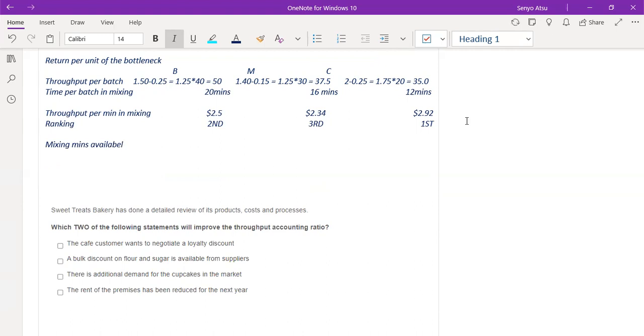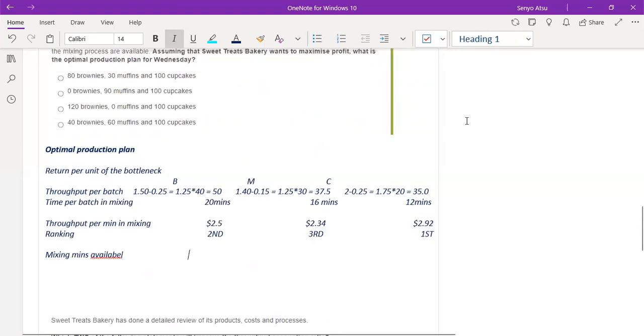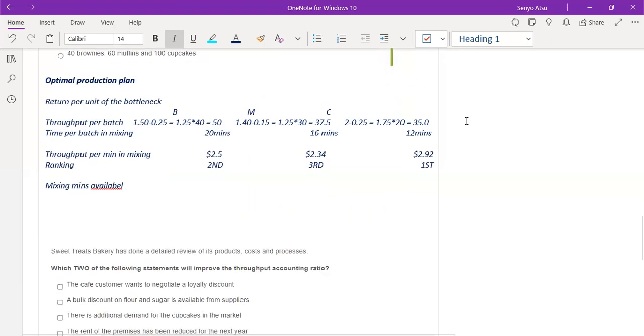Mixing minutes available: 120. We've got to produce cupcakes first, and produce the maximum, followed by brownies, then followed by muffins.